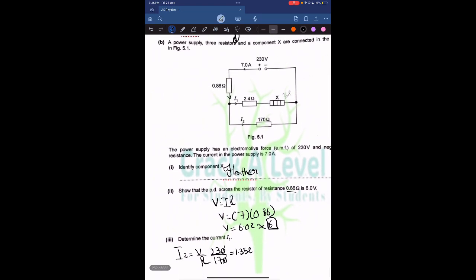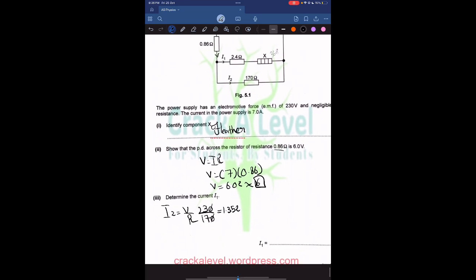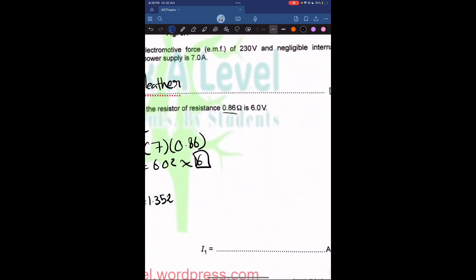Now it's relatively simple because according to Kirchhoff's first law the total current entering a junction is equal to the total current outgoing a junction. So I is I1 plus I2.